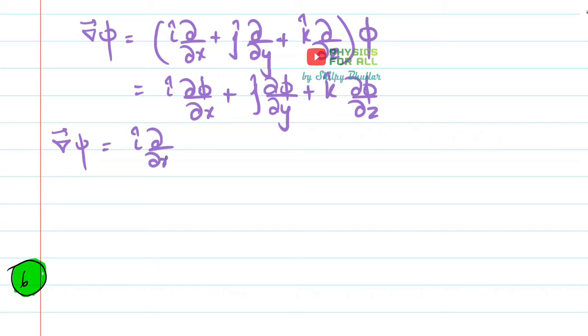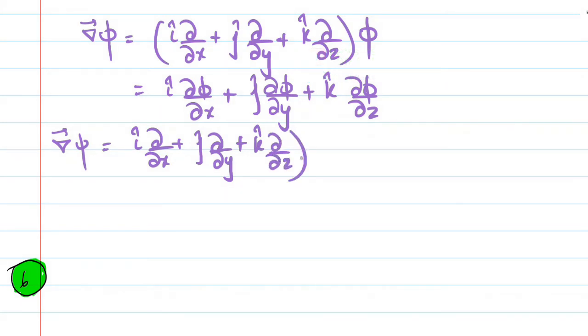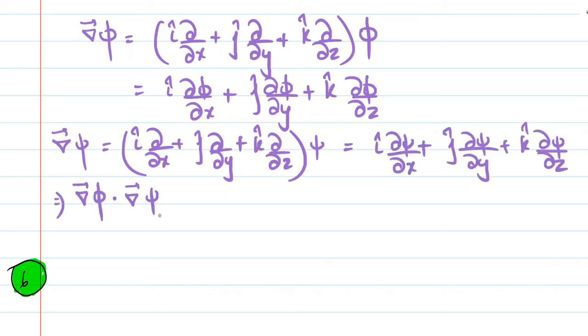This also looks almost similar to what we have written for phi. Here this del operator is acting on psi, and again we would obtain a vector quantity. Since both are vector quantities, if we take the dot product between them, what would happen? i cap will only interact with i cap, j cap will only interact with j cap, and k cap will only interact with k cap.